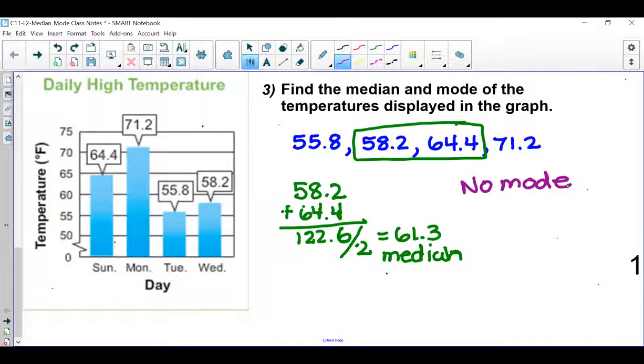It doesn't need to be capital or anything. You just write no mode. Sometimes people have asked me in the past, can I just write 0? Zero's a number. So no, you can't write 0, or leave it blank. There's actually no mode. So that's what you write down.